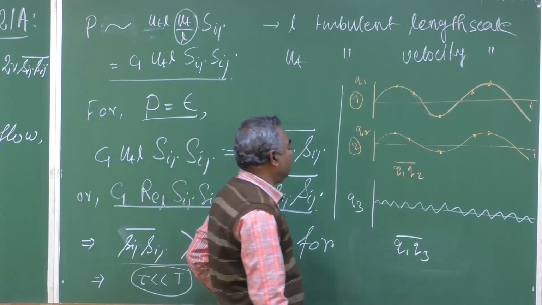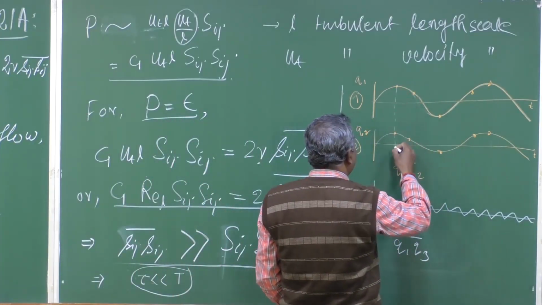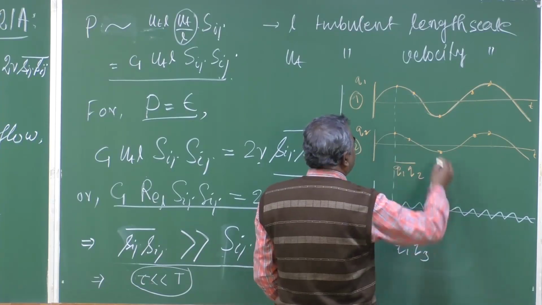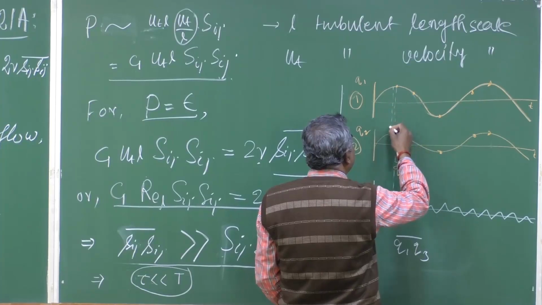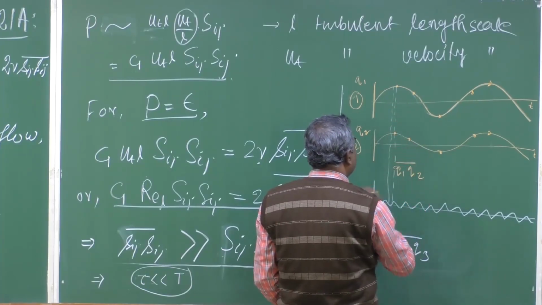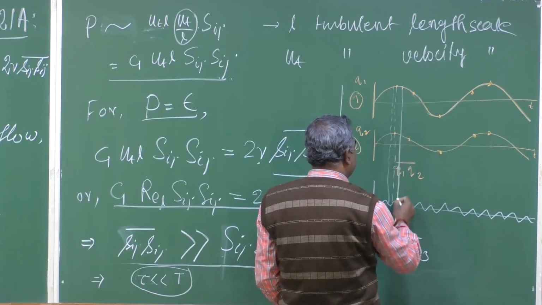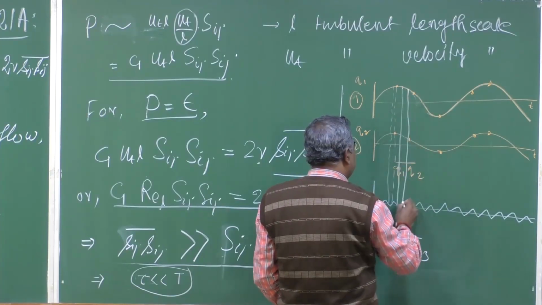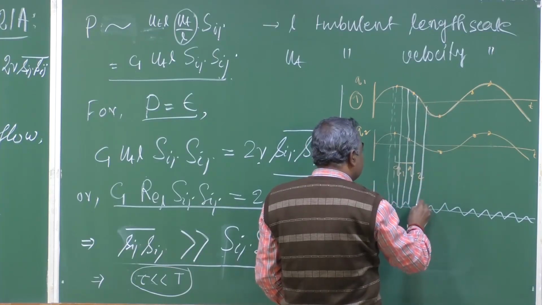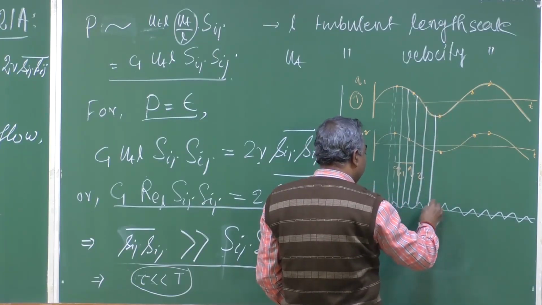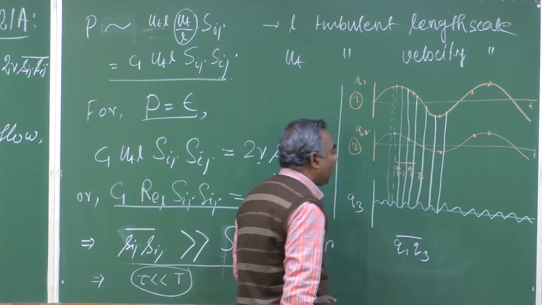Why? For example, if I take this point down, it is somewhere here. Then this point, it is somewhere here. Like that it is going on.